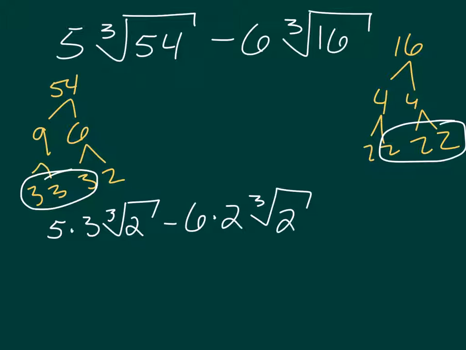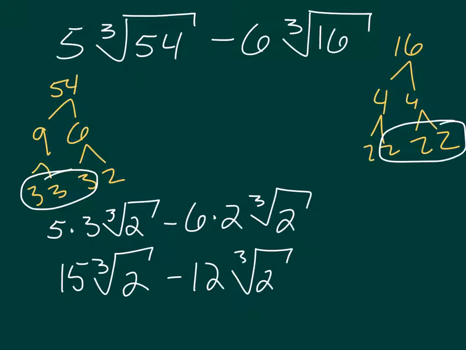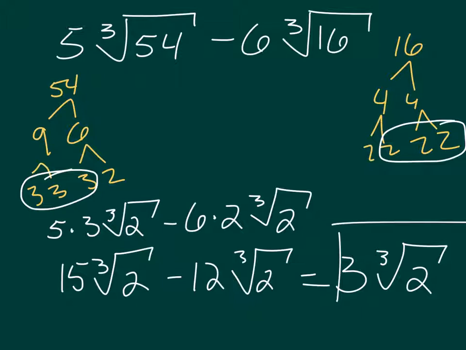So what's this first term become? 15 cube root of 2 minus 12 cube root of 2, which is 3 cube root of 2. Is that okay? All right.